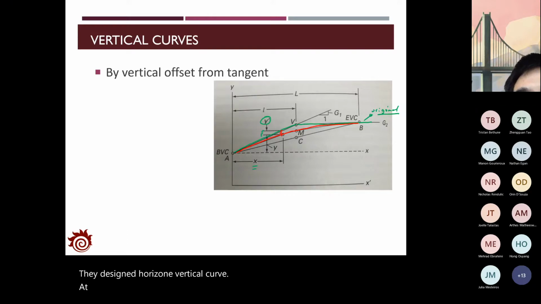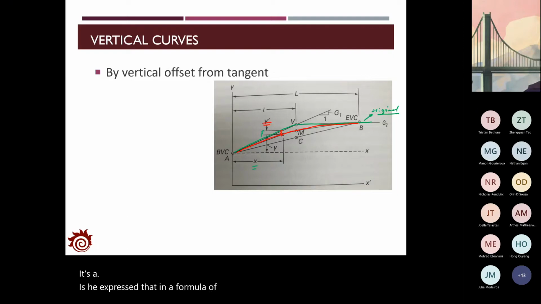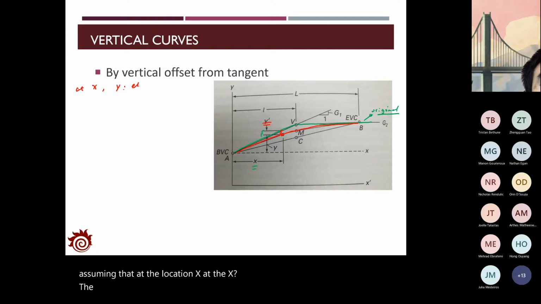at any location, which is y prime in this figure, and we want to find out a function to show the y prime, expressed as a formula of the horizontal location x. So to do that, assuming that at the location x, y is the elevation of the vertical curve at the location x.